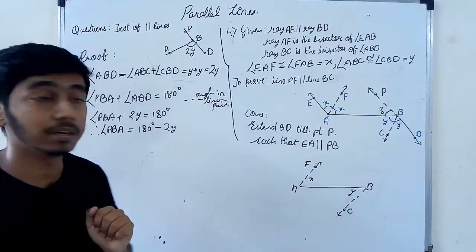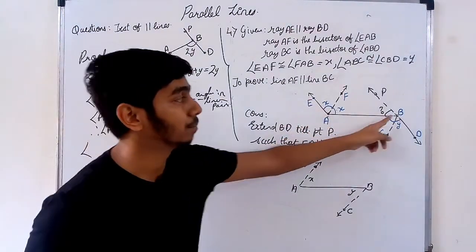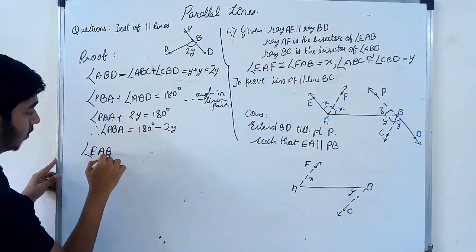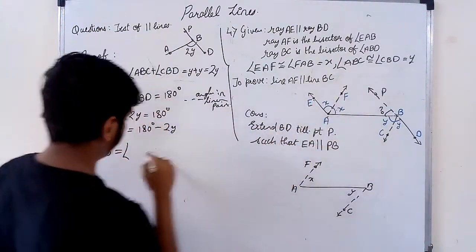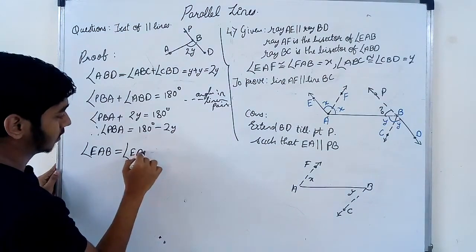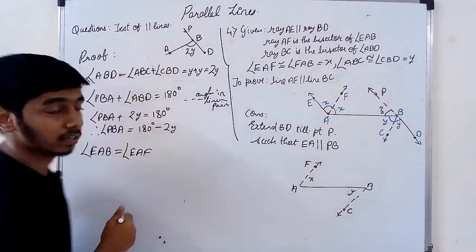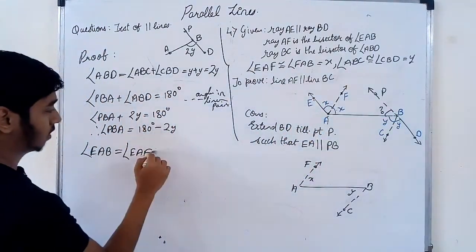Now what are we going to do here? Now let's find angle EAB. So angle EAB is equal to angle EAF plus FAB. Same way as we did for this, we'll be doing for this also.